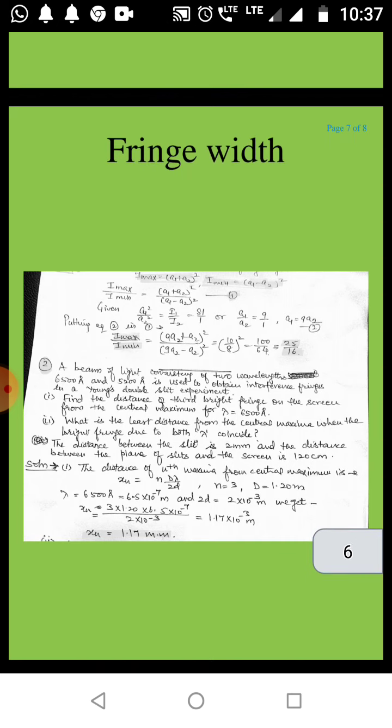Similarly, one more example. A beam of light consisting of two wavelengths, 6500 angstrom and 5200 angstrom, is used to produce interference fringes in a Young's double slit experiment. First, find the distance of the third bright fringe on the screen from the central maxima for λ equal to 6500 angstrom.